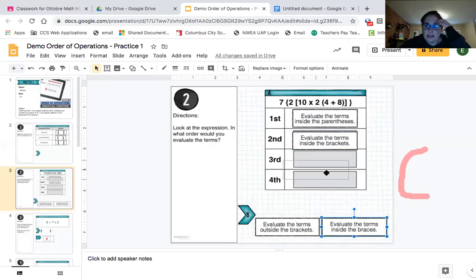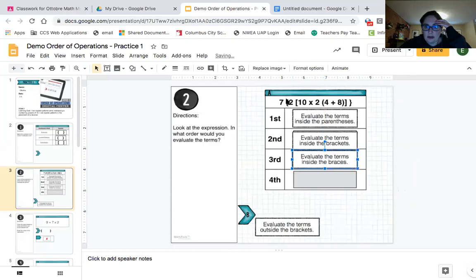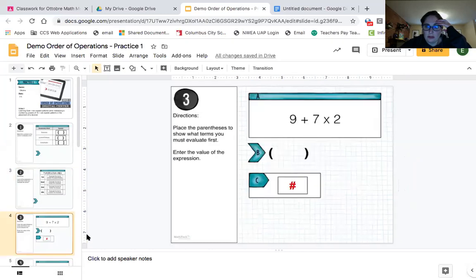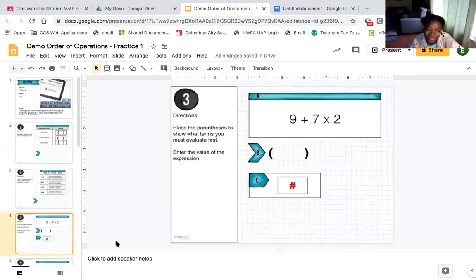Evaluate the terms inside the braces. I think that's next because I think these are called braces and these are brackets. And then you'd evaluate the terms on the outside. Are you following me so far? Yes. Cool.